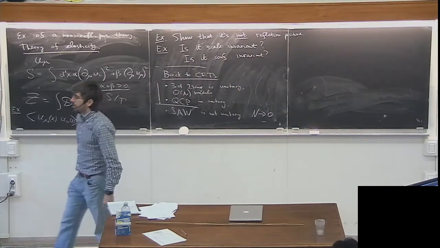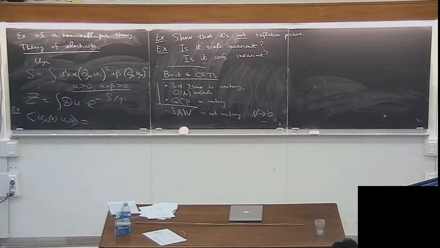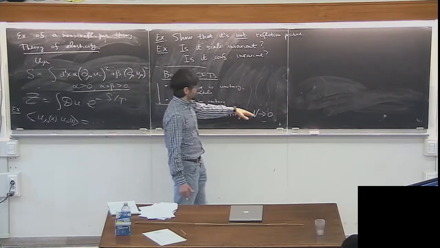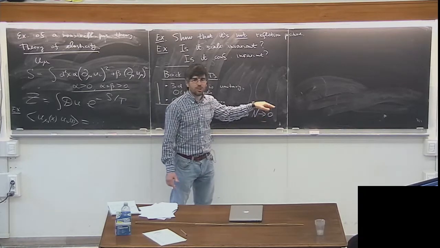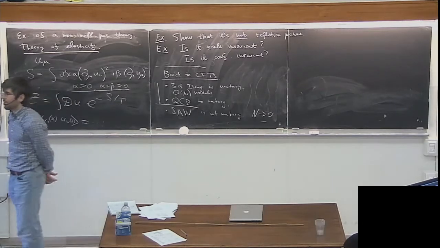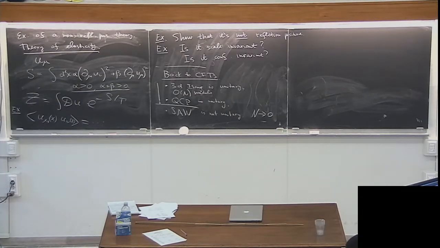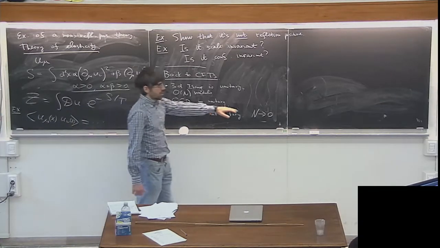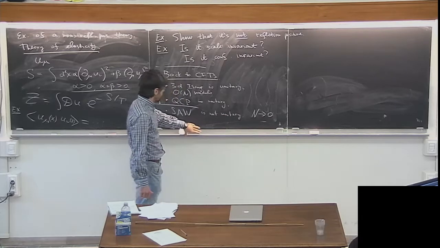But this limit N going to 0 is going to destroy the unitarity property of O(N) models. So O(N) models are unitary only for integer values of N. If you go through non-integer values of N, and in particular take this limit N going to 0, then this destroys the property of unitarity. So that's one way you can get non-unitary theories, through this kind of non-physical limits.